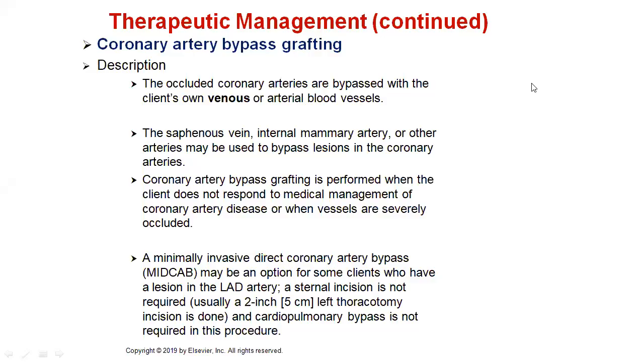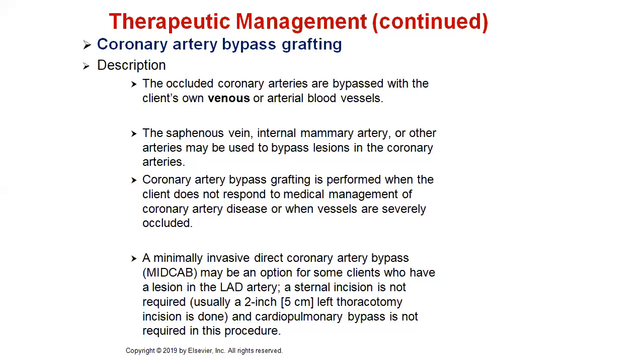So coronary artery bypass grafting, shortly called CABG, right? Coronary artery bypass grafting is the surgery to bypass one or more coronary arteries due to blocking or persistent ischemia.